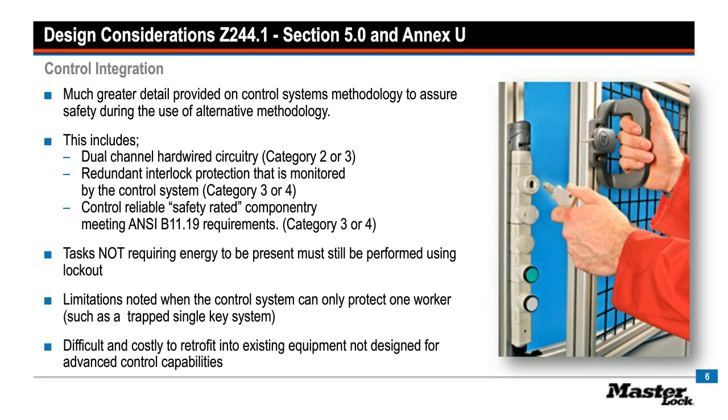Now, we've noted that state-of-the-art machinery is often being sold with control reliable dual-channel circuitry, safety componentry, meeting the ANSI B11 standards. Category 3 or 4 interlock equipment is certainly available on modern machinery. It can be retrofitted to existing machinery.